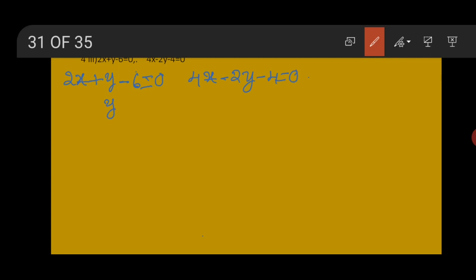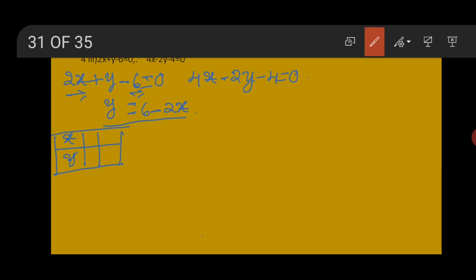Here we have to find the value of y. y is equal to what? Carry both the terms across. Minus 6 becomes plus 6, plus 2x becomes minus 2x. This is one equation. Here we have to prepare the value table.